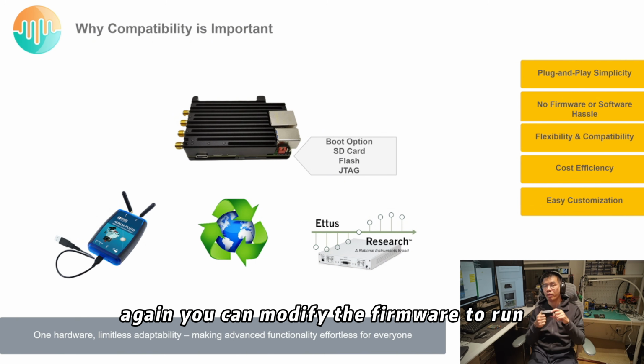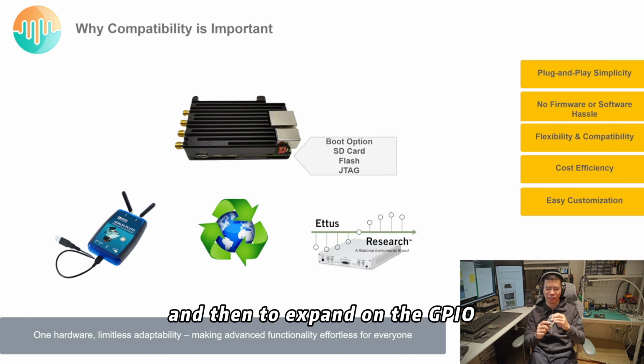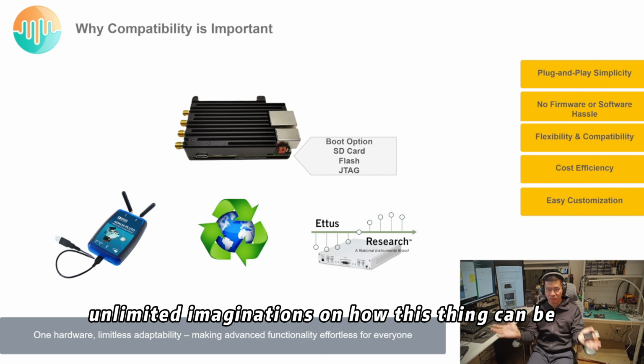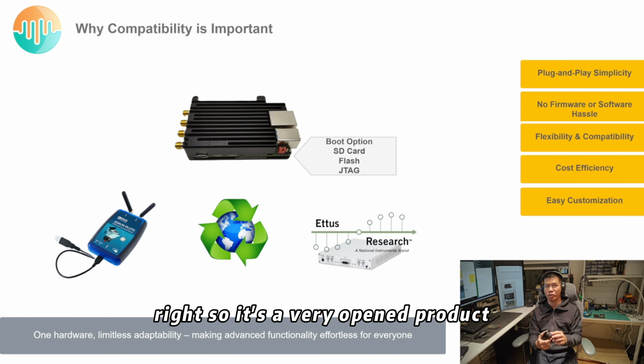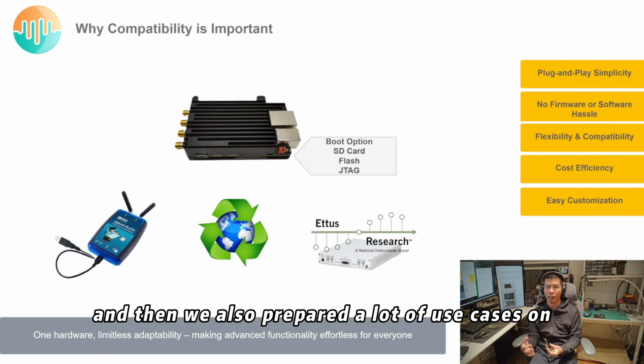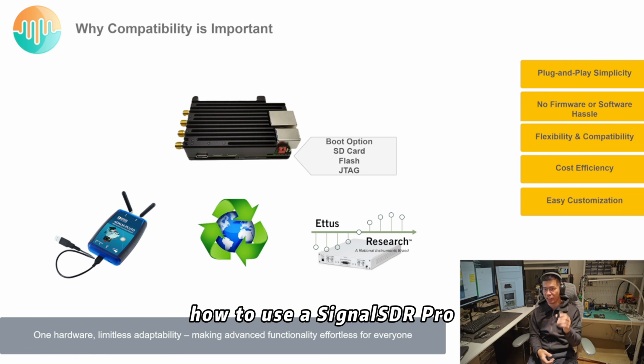Again, you can modify the firmware to run and then expand on the GPIO. So you have very, very unlimited imagination on what this thing can be, right? So it's a very open product. All the code is on our GitHub repo, and we also prepare a lot of use cases on how to use SignalSDR Pro.